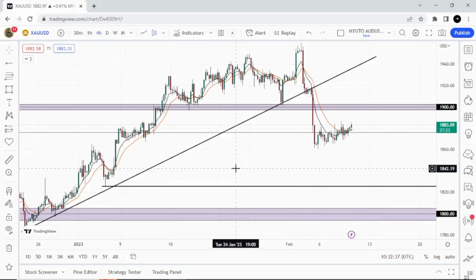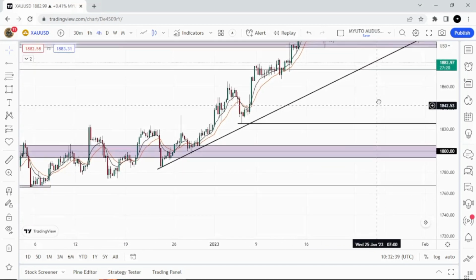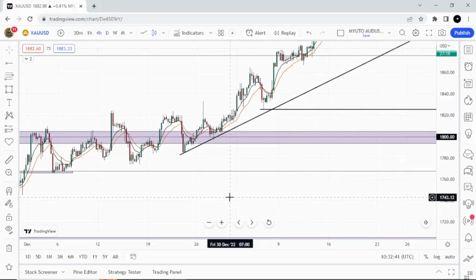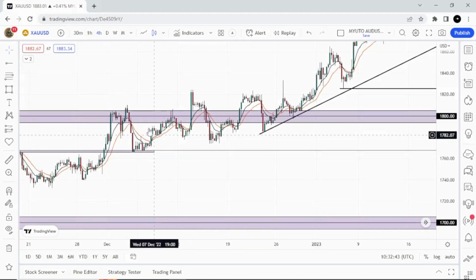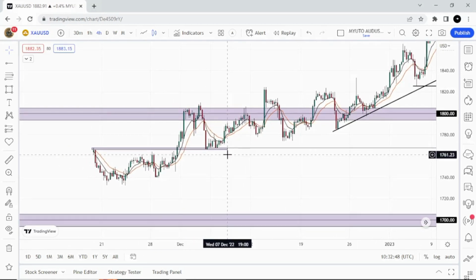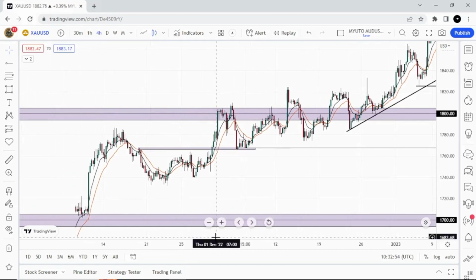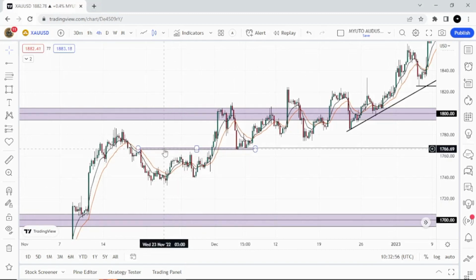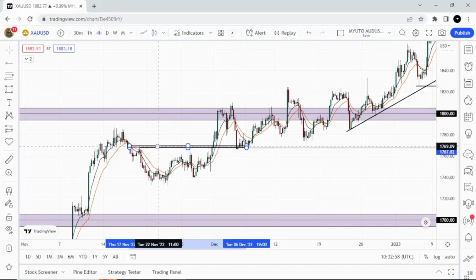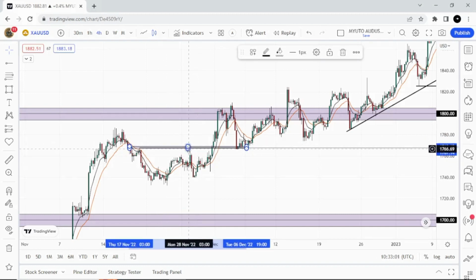Let's try to look for another minor key level. We have another minor key level here. Price reacted from this level very well. So we have multiple touches on this level.